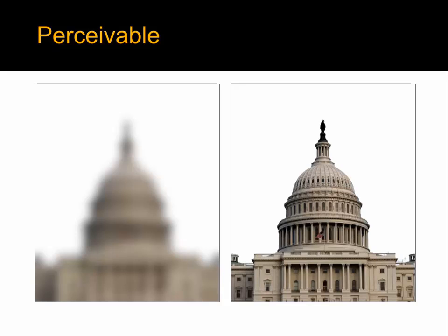In the next picture, you see right next to it on the right that the building has a statue of a person on the top, and there's actually a U.S. flag right in the center of the building that didn't show at all on the hazy picture. So when we think about material being perceivable, we want to make sure that everyone in your class knows exactly what's going on in that picture. And we'll give you some examples of how to do that later on.